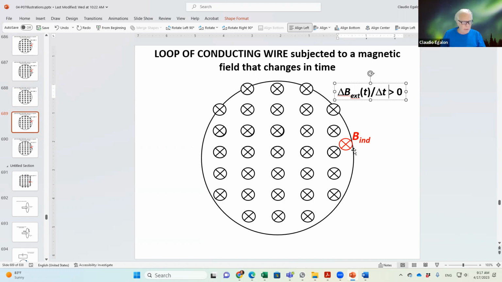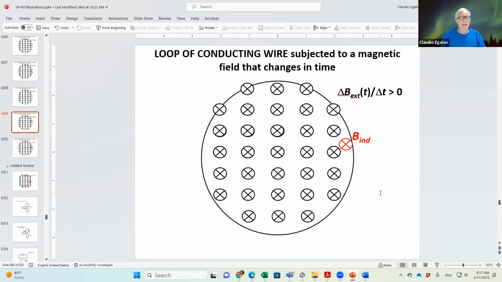Consequently, the induced magnetic field associated with the current is going to point in the same direction as the external magnetic field. And this induced magnetic field is associated with a clockwise current.